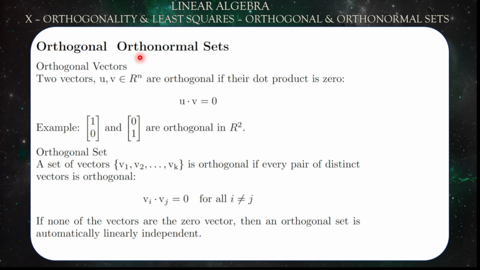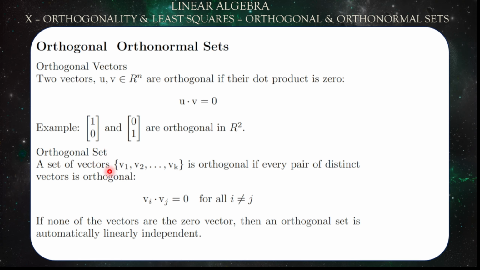Orthogonal or orthonormal sets. Orthogonal vectors: two vectors u, v within Rn are orthogonal if their dot product is 0. So for example, (1, 0) and (0, 1) are orthogonal in R2. Why? Because x1 times x2 plus y1 times y2, which is the dot product, is equal to 0 plus 0, which is 0.